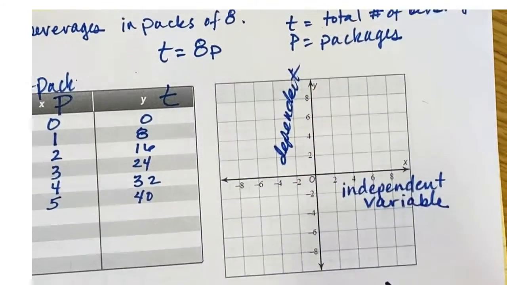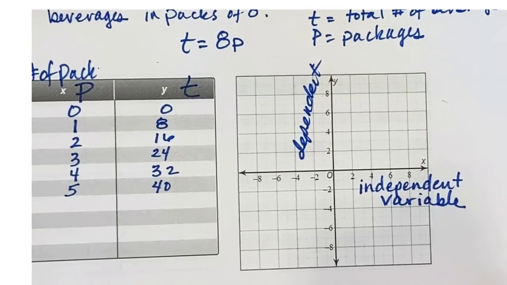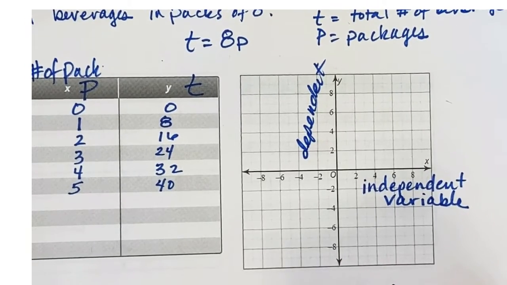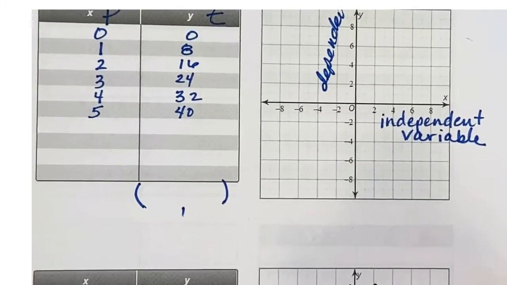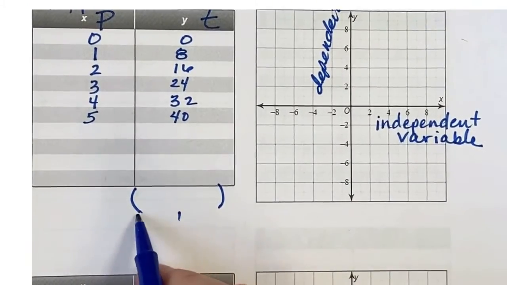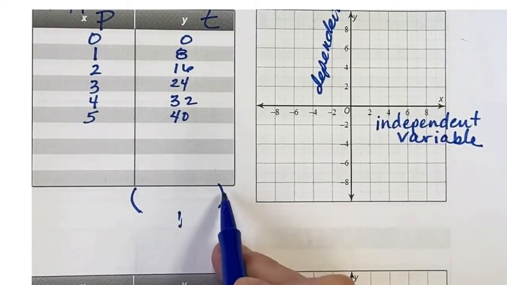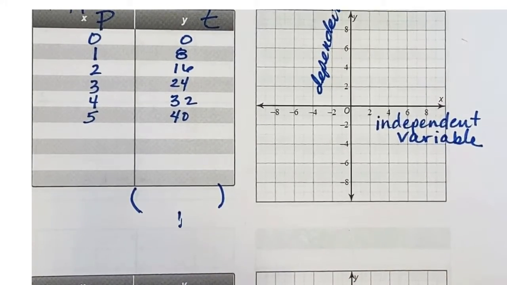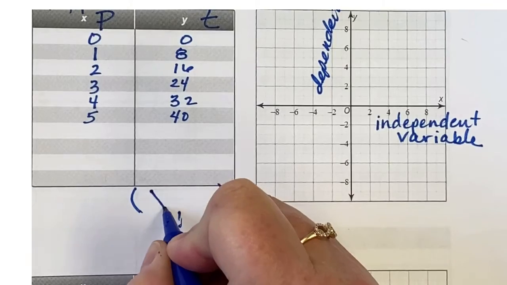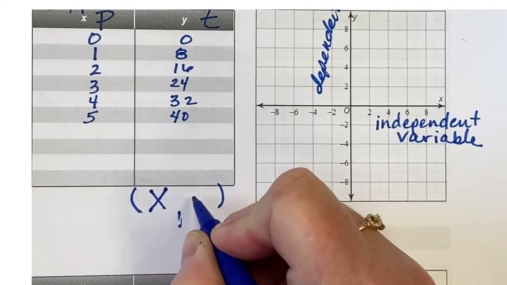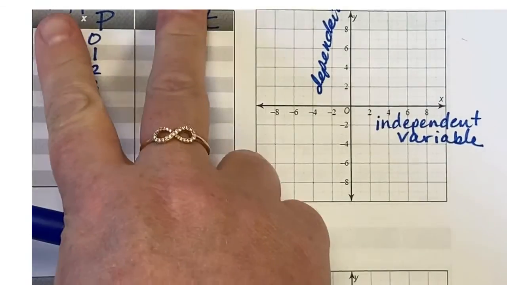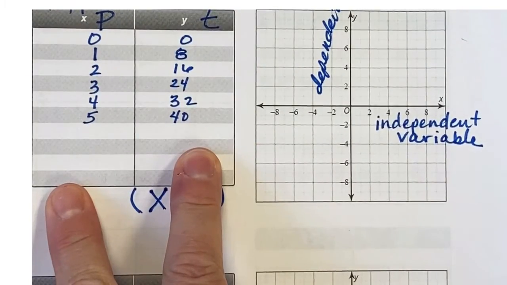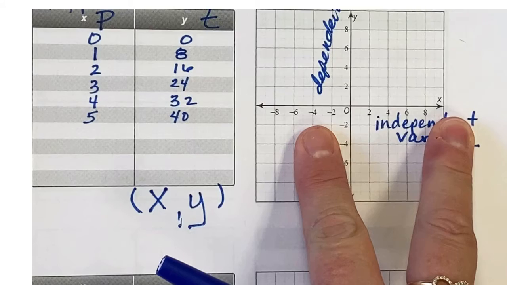When we thought about coordinate pairs, how did we always write our coordinate point? We did parentheses, a number, comma, a number, and another parentheses. And we always wrote on our coordinate grid so we would not forget. We'd always do x, then y. Do you see a relationship with the table and with the graph?